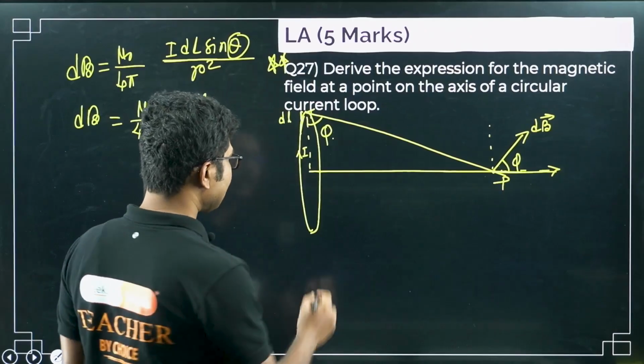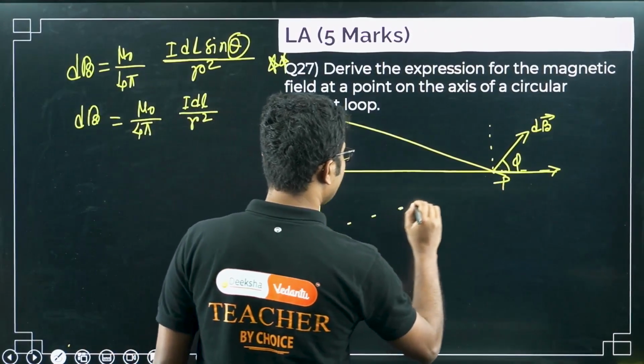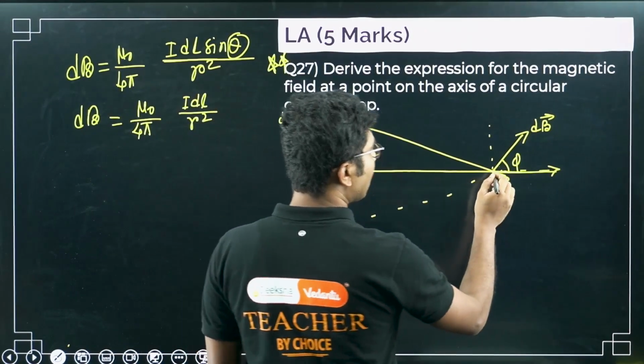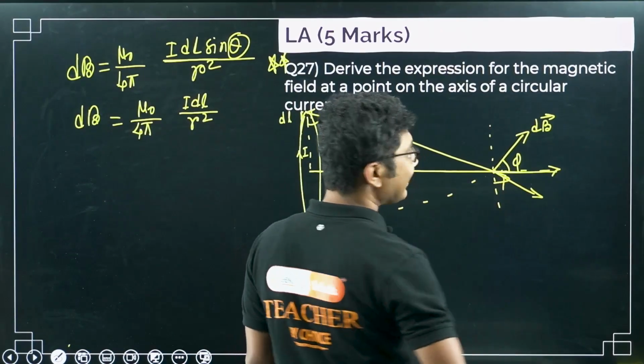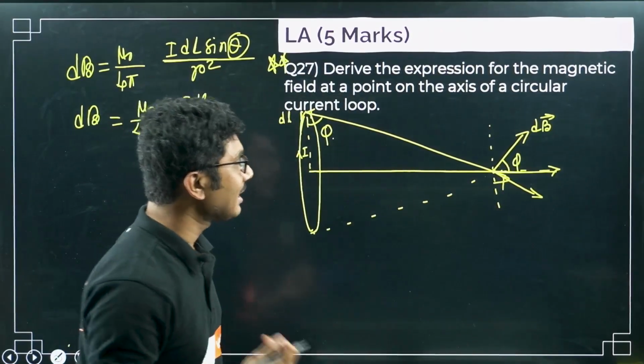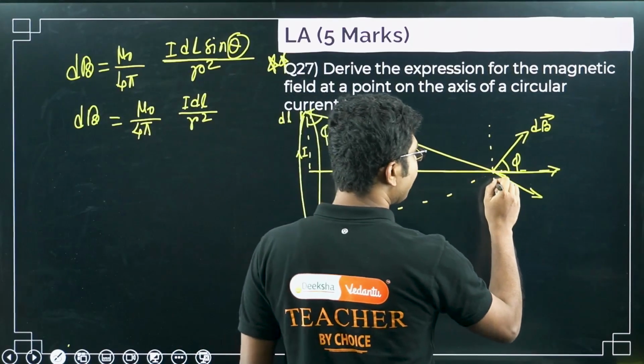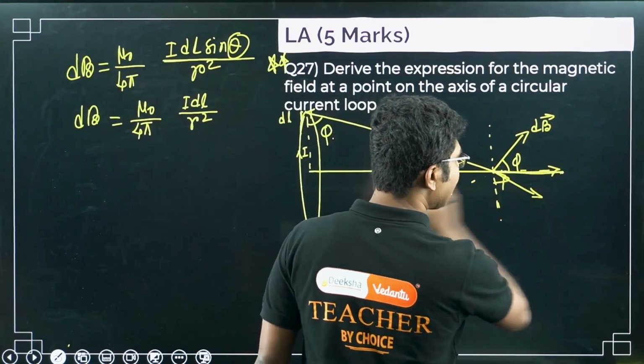Now if you consider another component here, there will be a magnetic field in this direction and there will be a component in this direction. They will cancel each other, so we only need to consider this component.